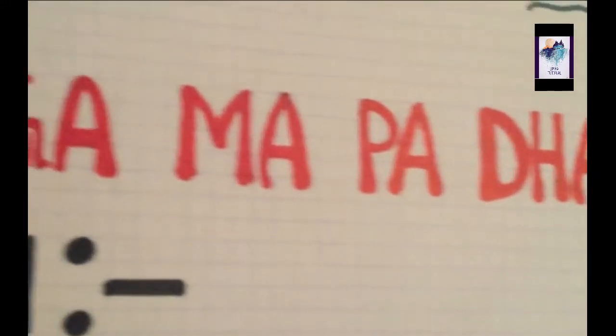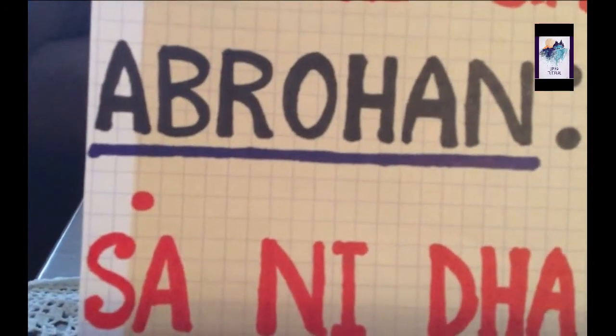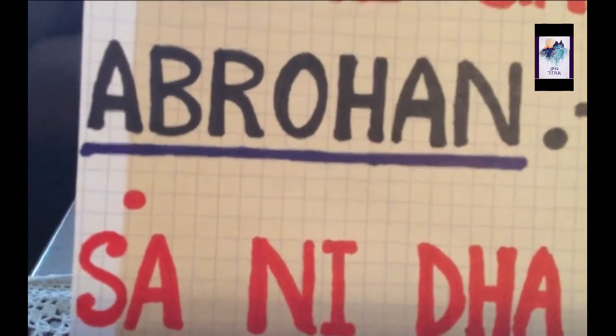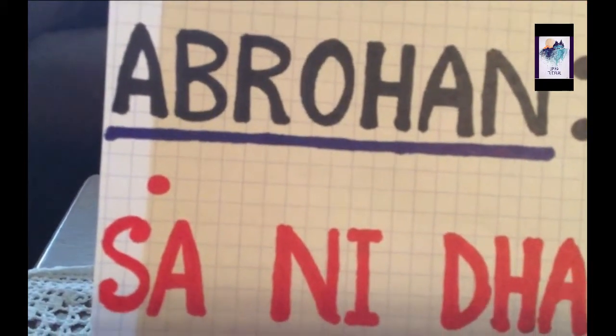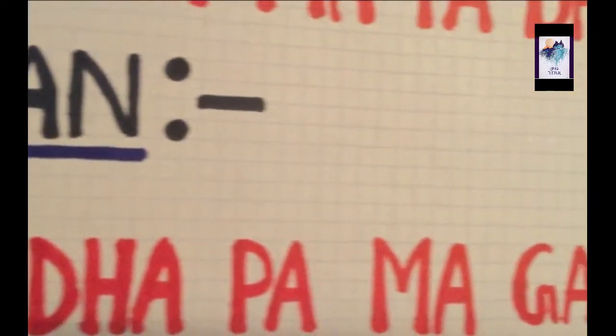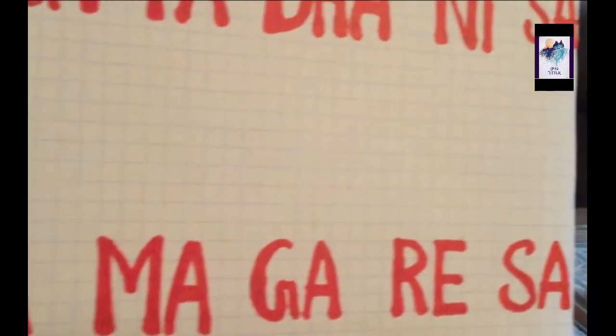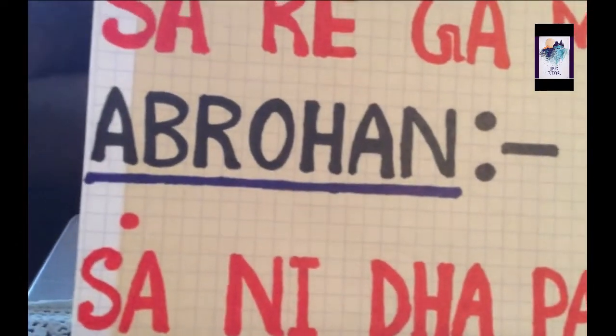Clear? And in Avarohan, it starts from higher octave sa, Taar sa. So the dot is there on that sa, and ni, dha, pa, ma, ga, re, sa.